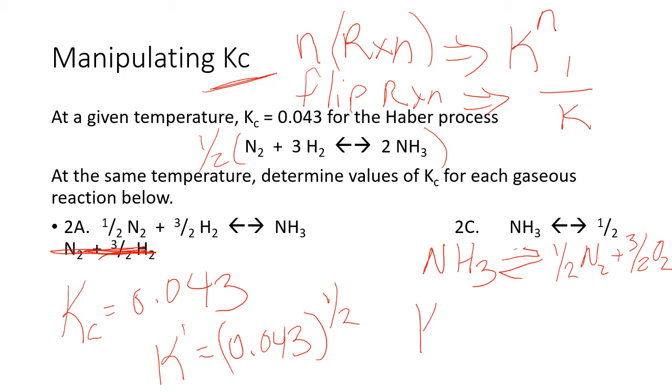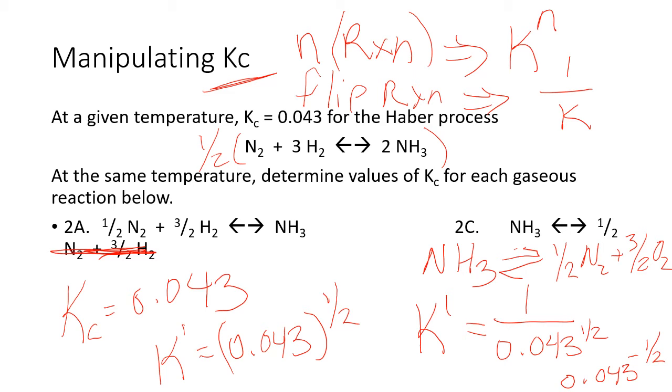My new K is now going to be 1 over 0.043 raised to the 1/2. Or you could write that as 0.043 raised to the negative 1/2.